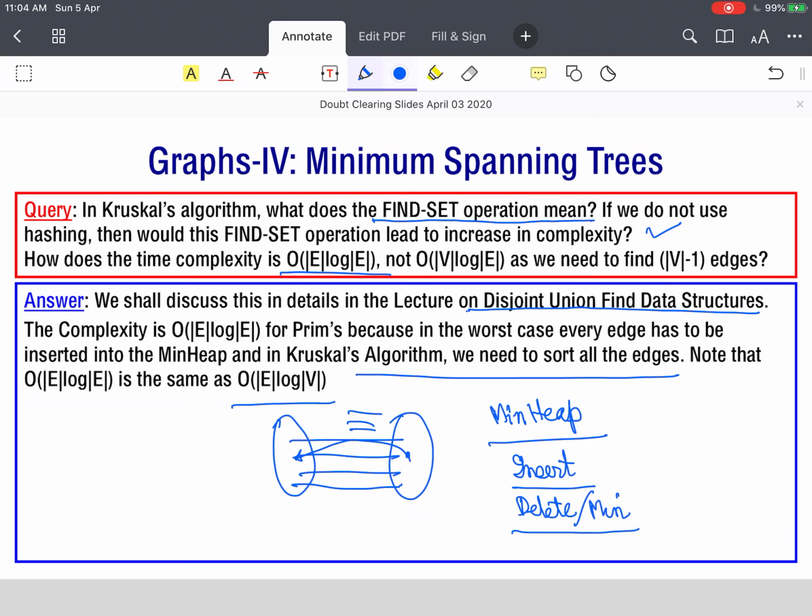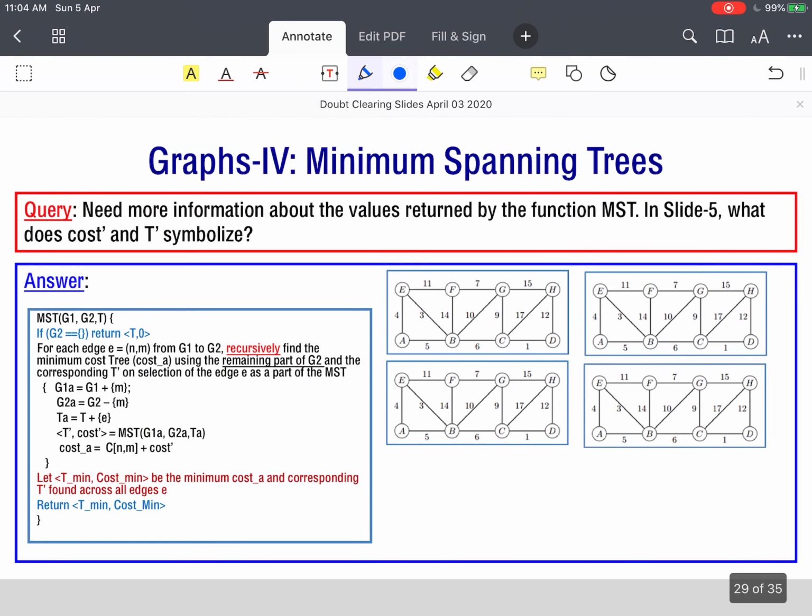So you have a delete min from that, and every edge is put at most once, therefore you get order E log V. But you know, there are Fibonacci heaps which you can use, and using Fibonacci heaps you can do a much better algorithm, but that is out of scope of our lecture.